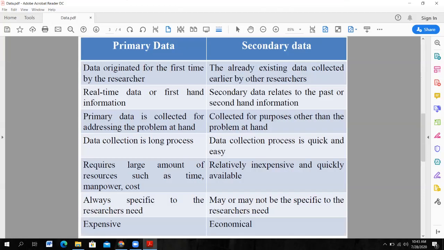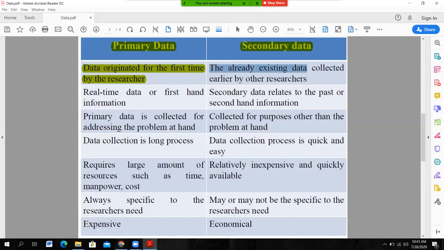Now, what are the basic differences between primary and secondary data? Primary data is actually the data originated for the first time by the researcher. This data is collected for the first time by the researcher, while secondary data is the already existing data collected earlier by other researchers.